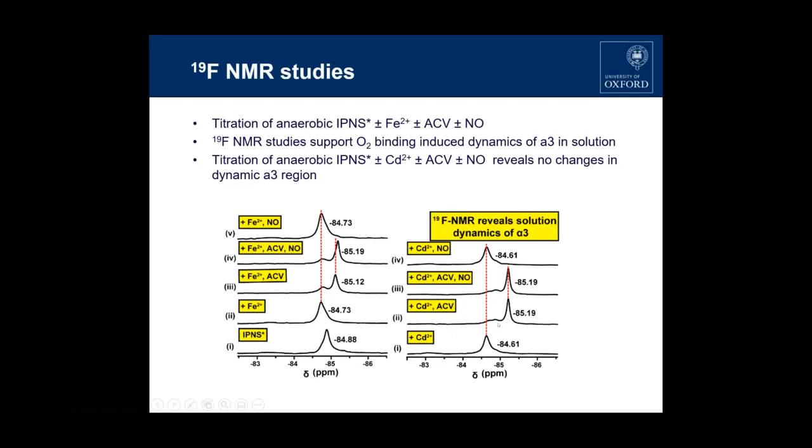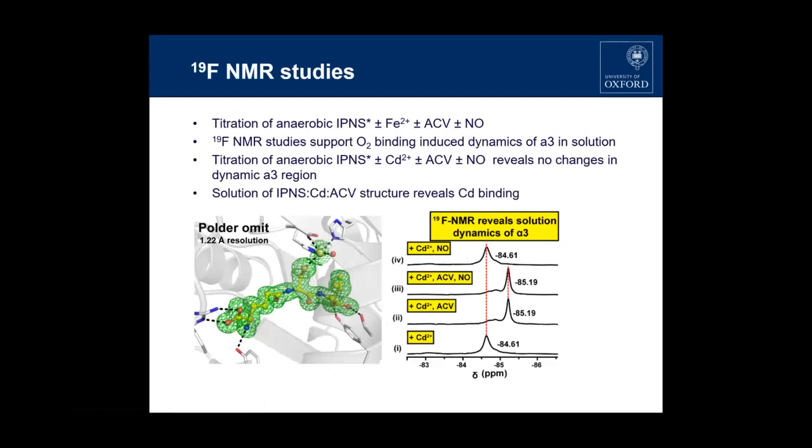We see a change in the signal. If we add nitric oxide, we don't see any change, and the same for the cadmium nitric oxide complex. I also repeated this a few times with some crystals which I got with cadmium in the active site, and in all of them, it was not possible to add nitric oxide to this active site.